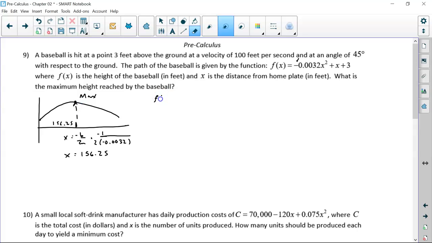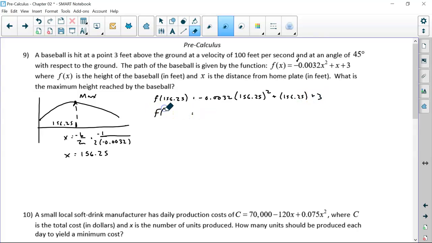So we can find f of 156.25, which equals negative 0.0032 times 156.25 squared plus 156.25 plus 3.